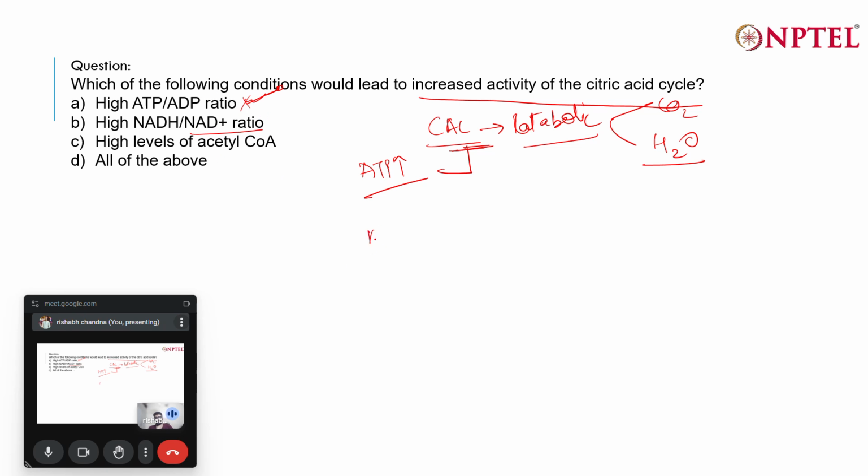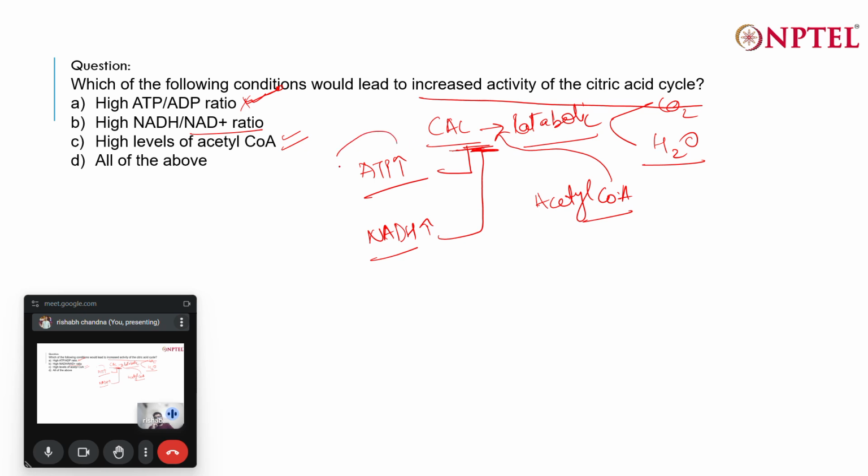Then if we have high levels of NADH, that means the body has sufficient energy and it will also inhibit the citric acid cycle. When we have high levels of acetyl coenzyme A, this actually activates or increases the activity of the citric acid cycle enzymes.